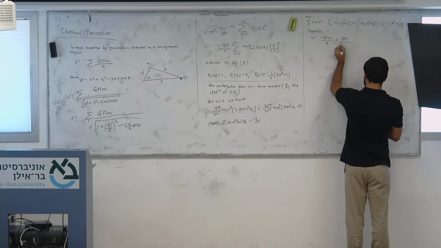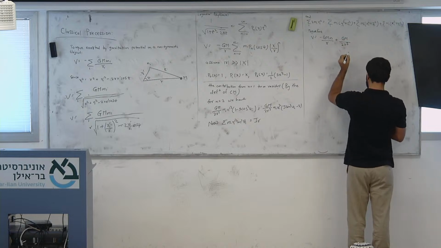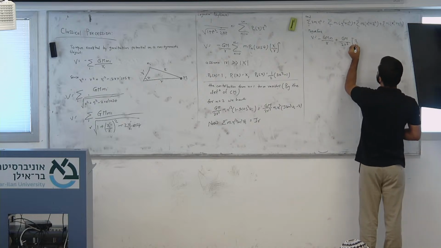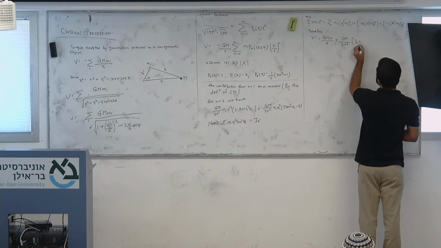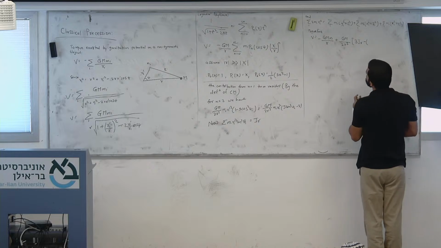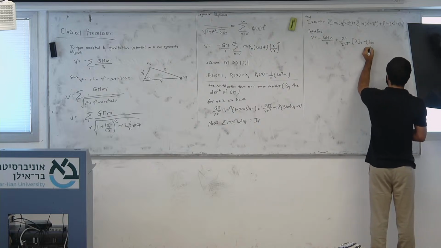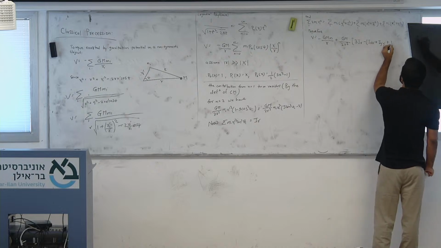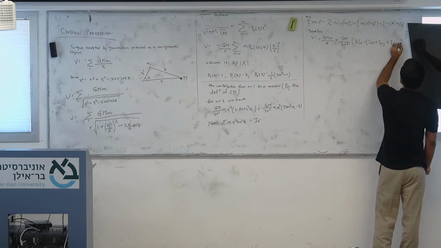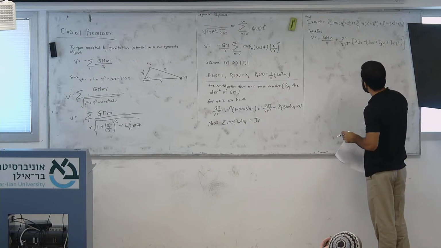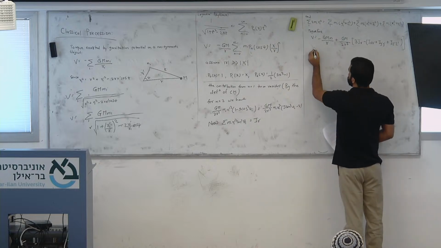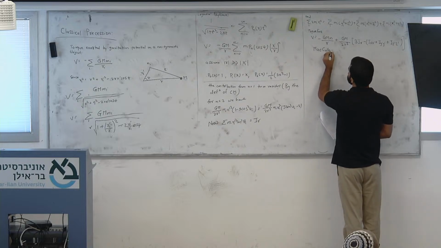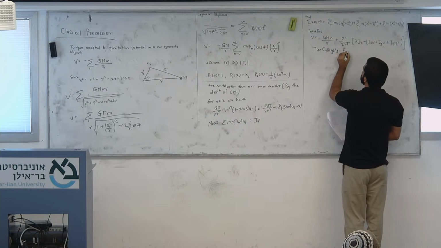So GM over 2R cube, this is minus, times 3 times IR minus (Ix prime plus Iy prime plus Iz prime). Good. This is what we call MacCullagh's formula.